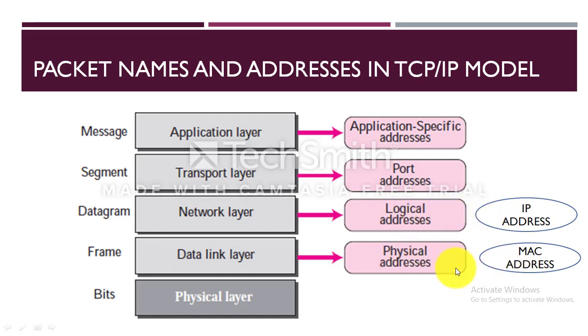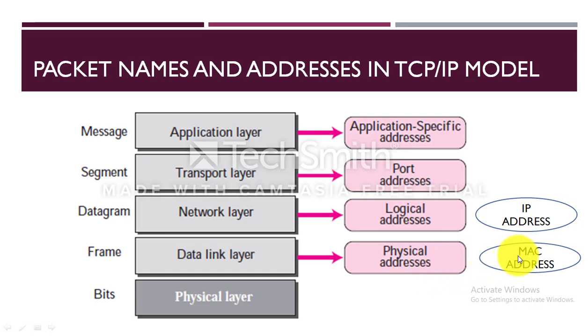We can remember it as IJKL. I stands for IP address, L stands for logical addresses. MNOP. M stands for MAC address and P stands for physical address. Now, I row comes first, so it is for network layer. Then M row comes, therefore it is for data link layer.